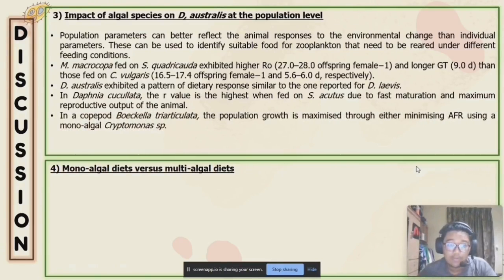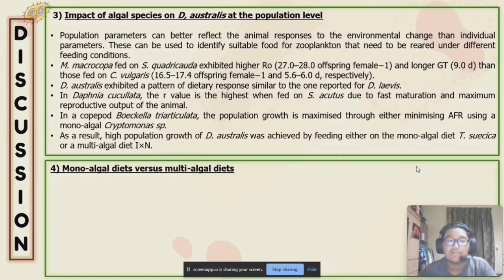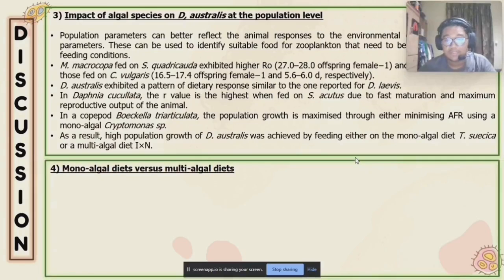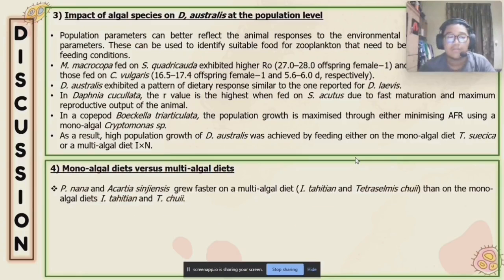In a copepod, Apocyclops royi, population growth is maximized through minimizing age at first reproduction using monoalgae Cryptomonas species. As a result, high population growth of D. australis was achieved by feeding either on the monoalgae diet T. suecica or a multi-algae diet. So the last one is monoalgae diets versus multi-algae diets.